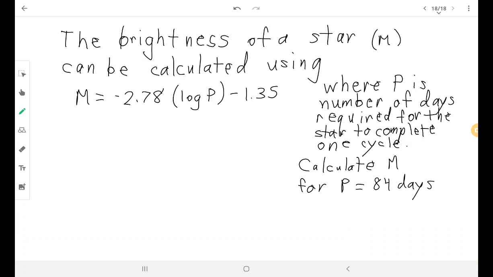That is, for the star to rotate until it gets into the same position. Okay? Calculate M for P equals 84 days. And again, this is the common log, so this is just kind of a plug-in thing, negative 2.78 times the common log of 84 minus 1.35. So let's do that part first on the calculator.